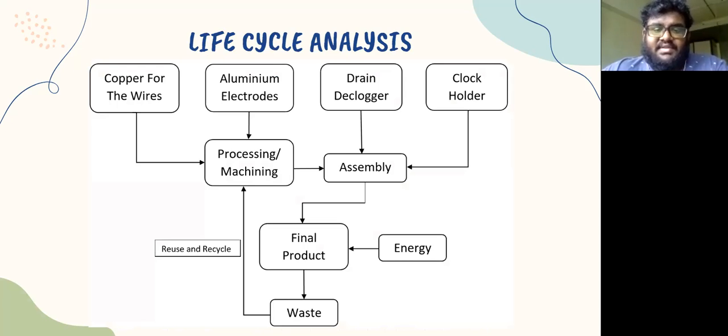After the processing and machining stage, they enter assembly along with the electrolyte and the clock holder, and with some energy input, which is our commodities, we get our final product, with waste as the byproduct. To minimize the waste produced, we reuse and recycle whatever we can back into the processing part, where it can be assembled and made into the final product.